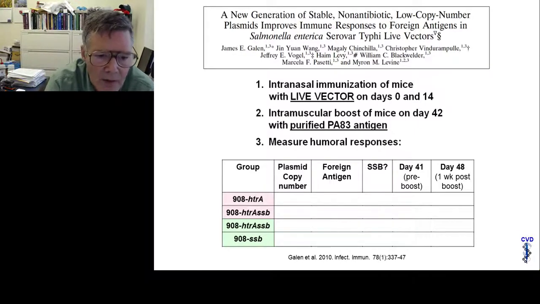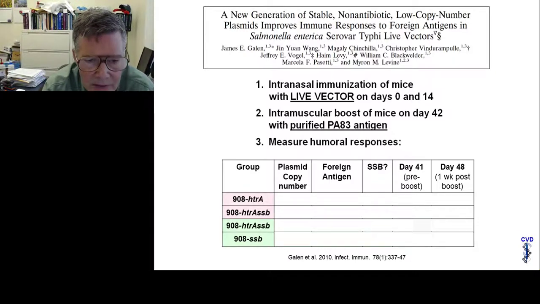Okay, now this was back in 2010, so we were still using 908-HTRA as the attenuated vaccine strain. Okay, and what we did was we did intranasal immunization of mice on days 0 and 14. Again, intramuscular boost of mice on day 42 with purified PA83.